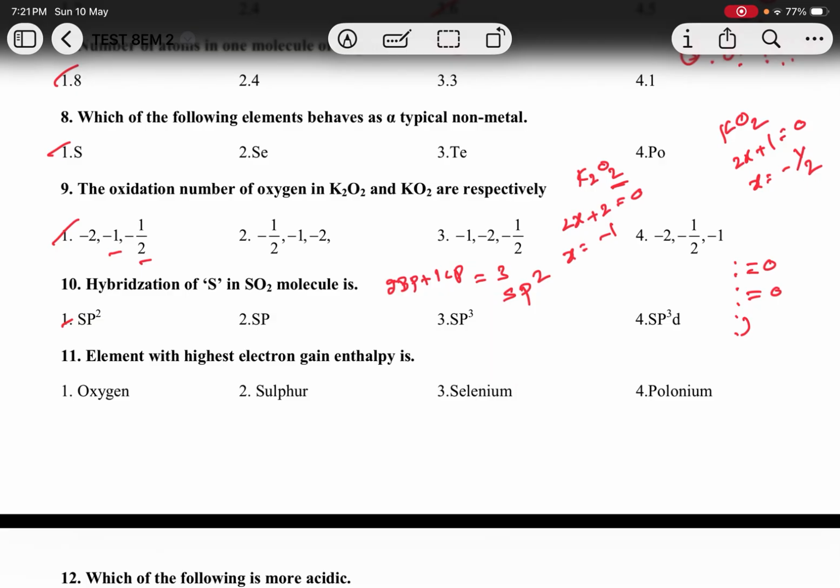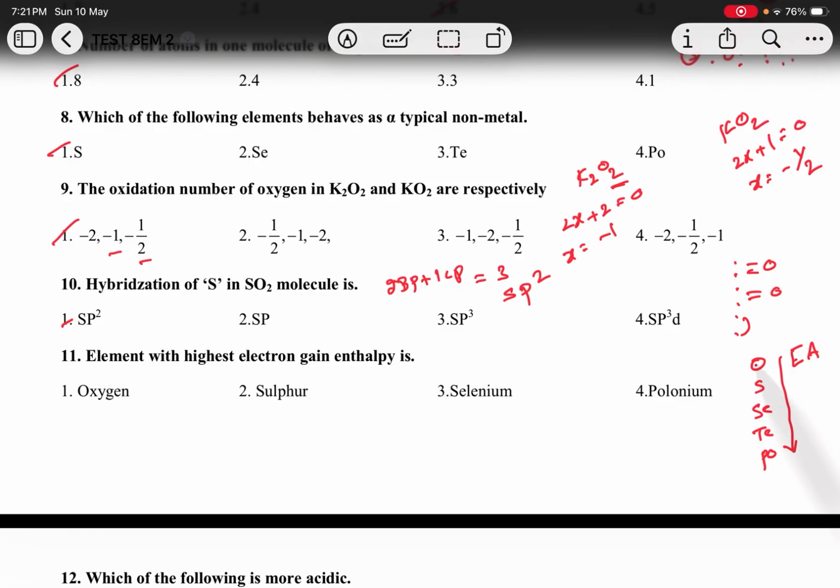Okay. Next, 11th one, element with the highest electron gain enthalpy. Here 6th group elements are there: oxygen, sulfur, selenium, tellurium, polonium. In a group from top to bottom, electron affinity or electron gain enthalpy generally decreases. So the highest should be for oxygen, but the oxygen atom's atomic size is very small.